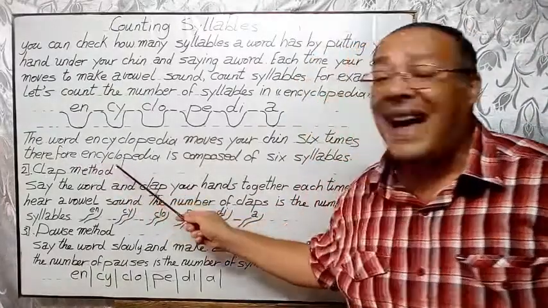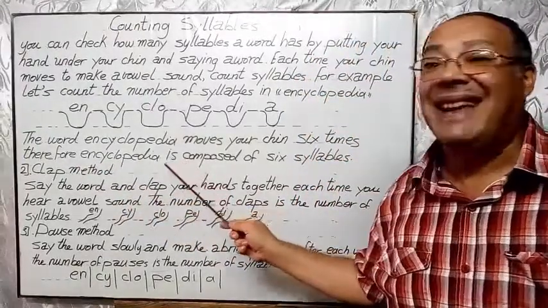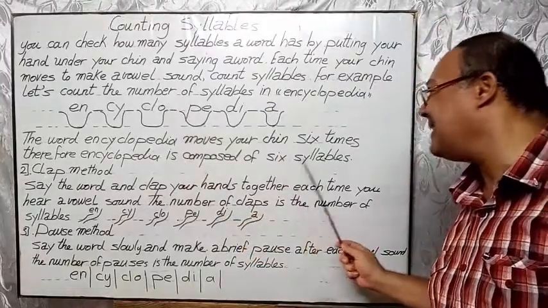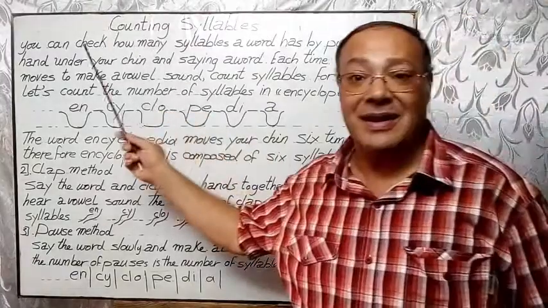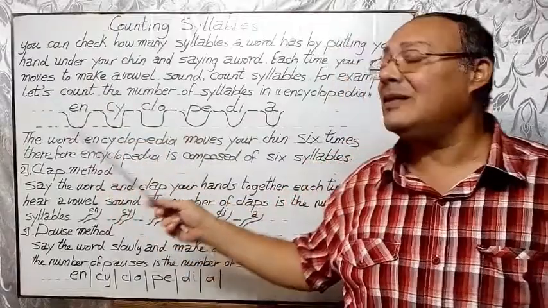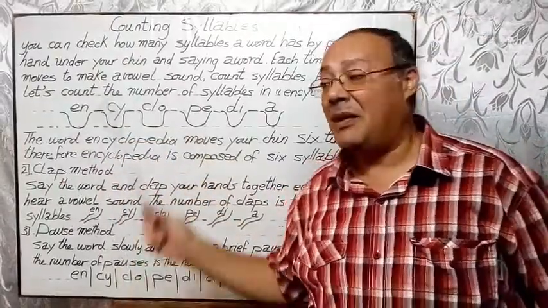Therefore, encyclopedia is composed of 6 syllables. So the first method is called the chin method.